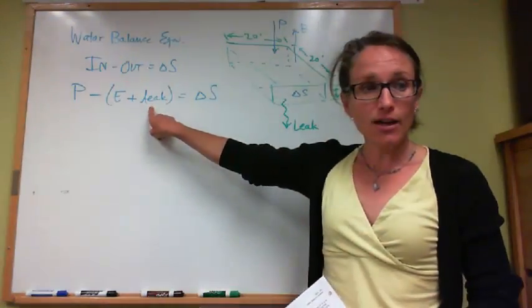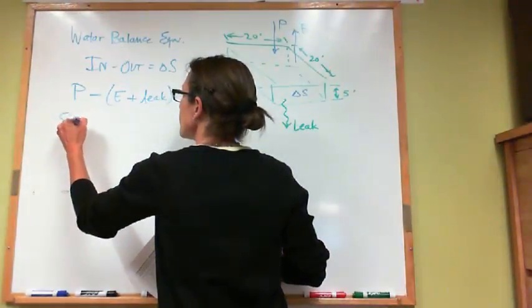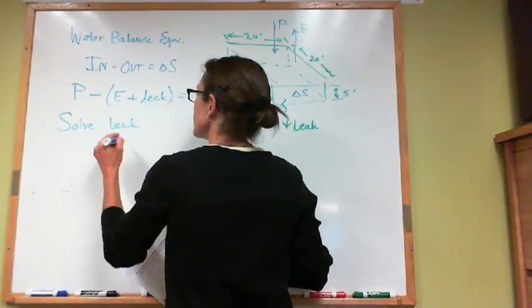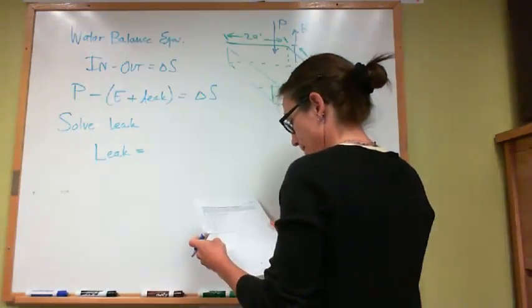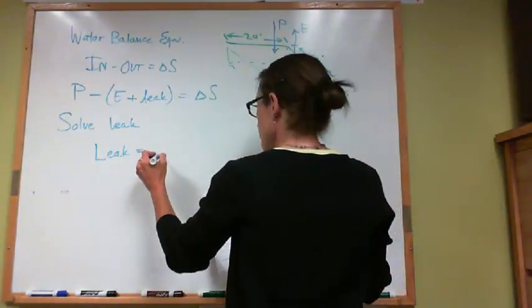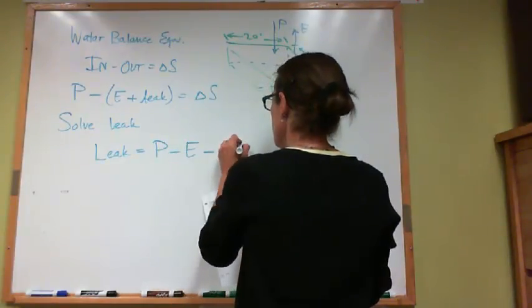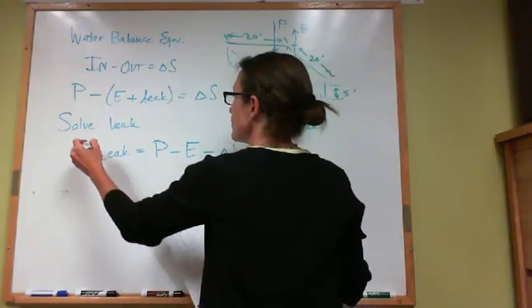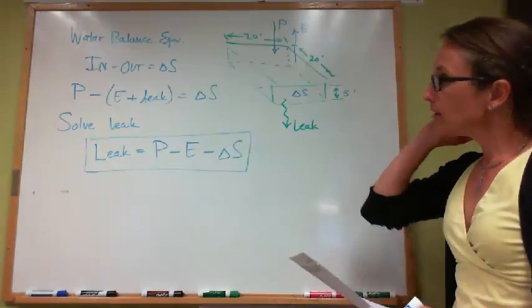And our leak is our unknown, so we're going to solve for our leak, and that's going to be equal to P minus evaporation minus our change in storage. So this is the equation that we need to solve.